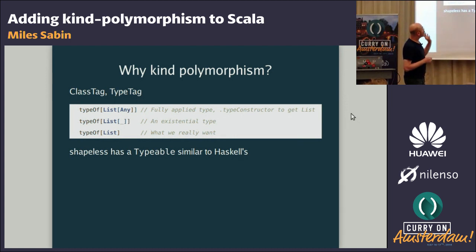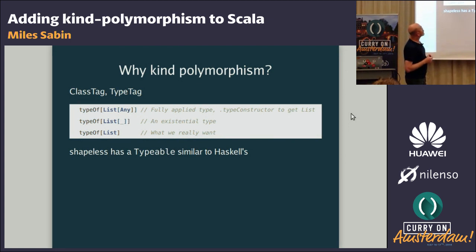There's an idiom, and this is actually a very common bug in Scala macros and uses of reflection, to use the Scala underscore meaning don't care, meaning something in that position. That actually gives you another different type, because that's syntax for an existential type, which is quite different from the type List.